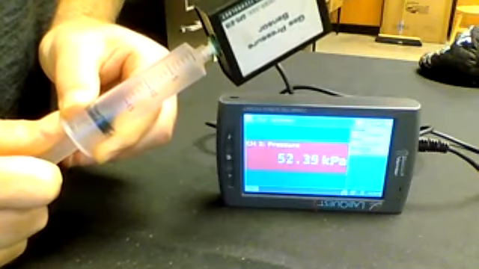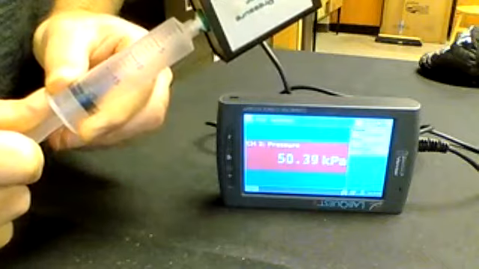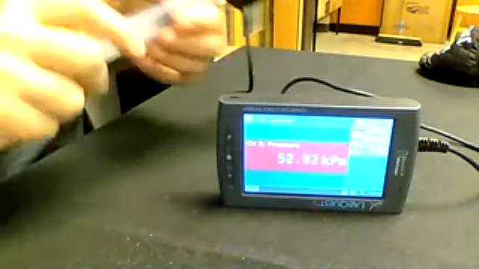And 20, 50. Okay, so those are your numbers for the Boyle's law, gas laws.